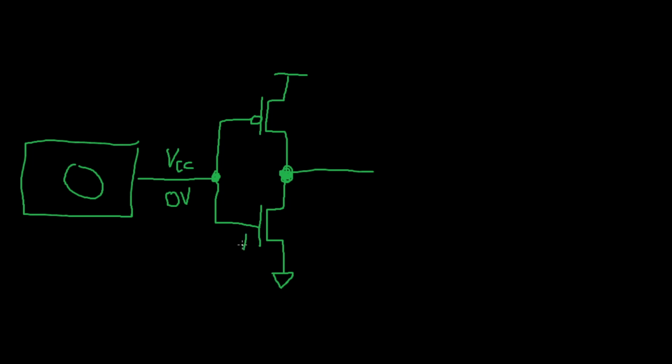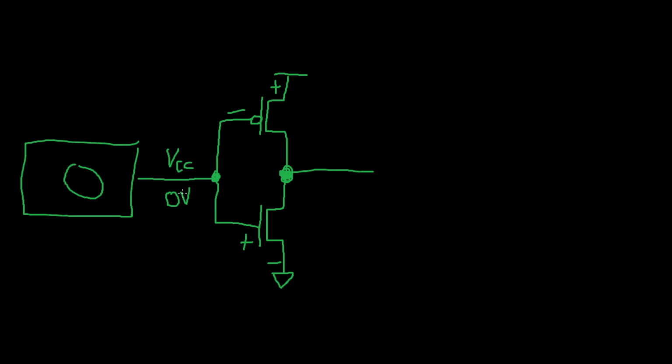You can see this from looking at VGS for the NFET, and that will either be VCC or 0. And for the PFET, you're going to have the same VCC or 0, just with the opposite state here. Really, when you're looking at the output of a CMOS device, you're looking at a single MOSFET.